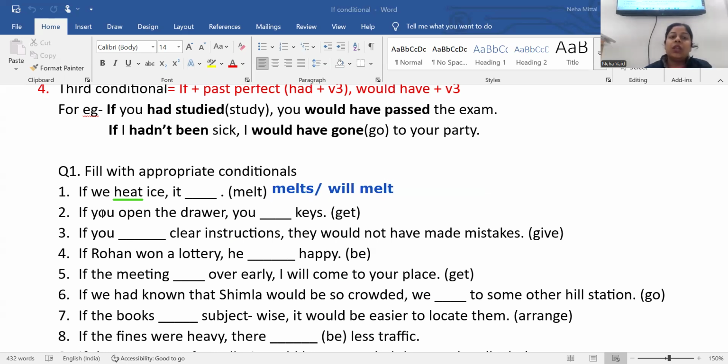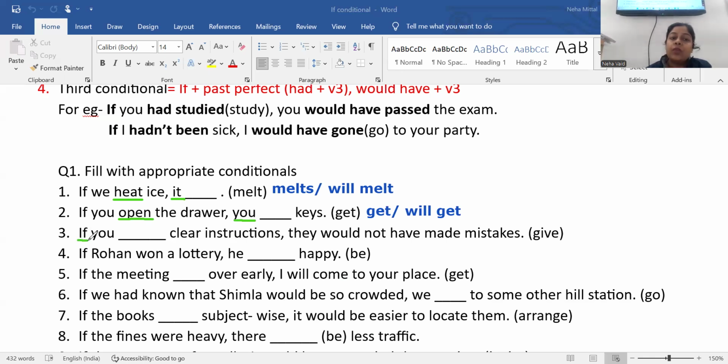Similarly, in the second one, if you open the drawer, again simple present is given. So whenever if plus simple present is given, you have the option to fill you get or you will get, according to the subject.